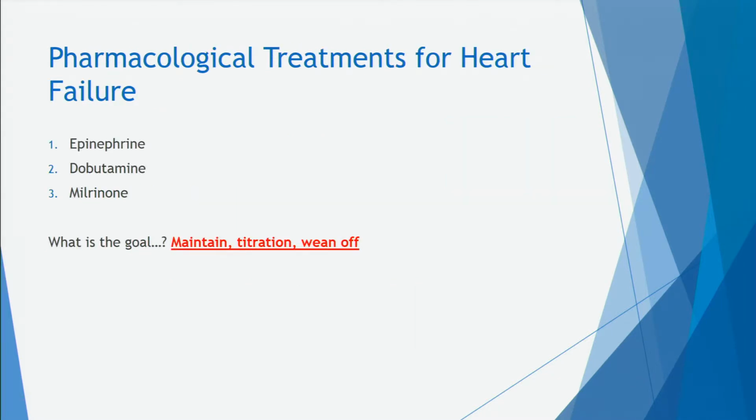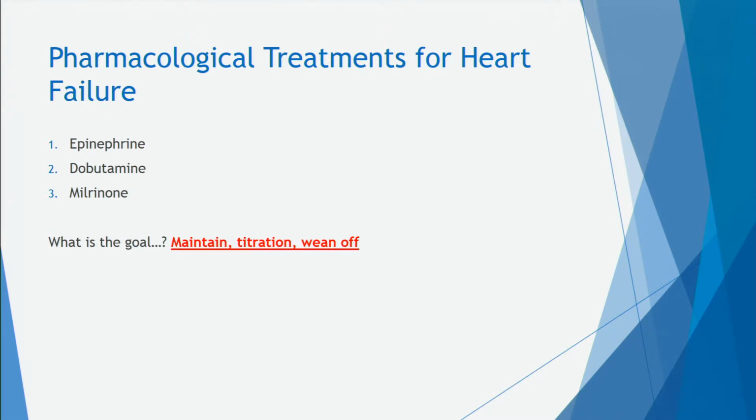A little bit of pharmacological treatments for heart failure. These are the 3 drugs that we typically use the most for heart failure. They're positive inotropes that help improve contractility. And so if the patient did happen to come out on one drip, usually they're on, I want to say, dobutamine. So they may come out on this drug. And really what you need to be asking is, is this something we're going to maintain?